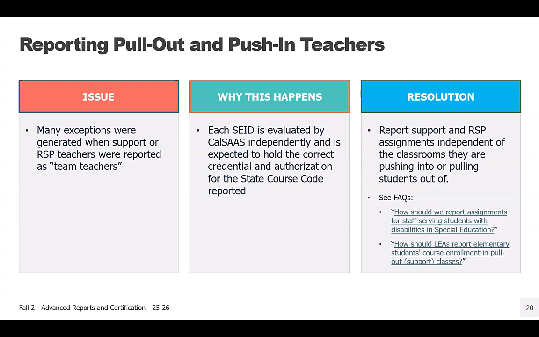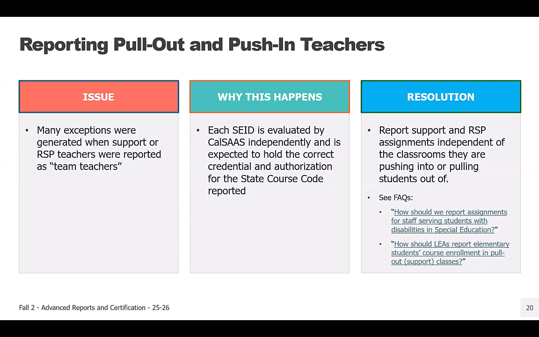So basically, you want to ensure that your resource specialist program teachers should not be reported as co-teachers when they're providing pull-out or push-in support for students with disabilities who have been mainstreamed into general education classes.